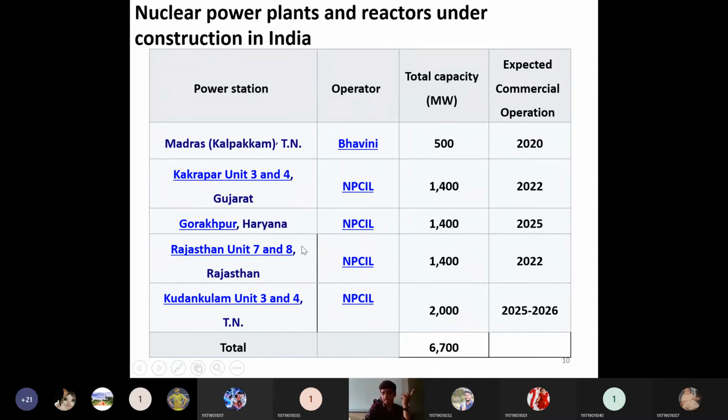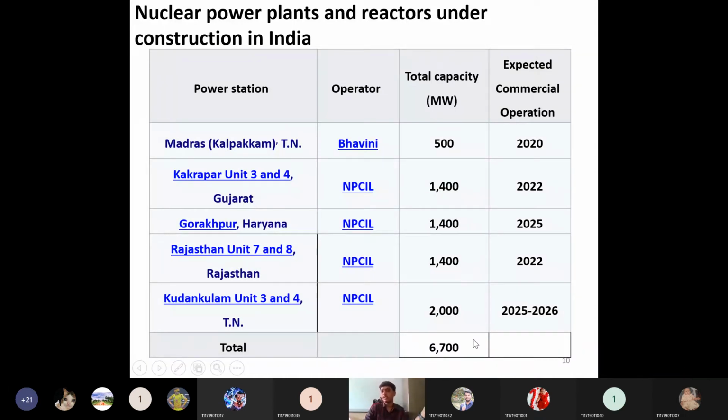Then in Rajasthan, the same plant will have different units, Unit 7 and Unit 8, operated by NPCIL with an installed capacity of 1,400 megawatts. It will be ready by 2022. Then Kudankulam Unit 3 and Unit 4 in Tamil Nadu, also under construction and operated by NPCIL with an installed capacity of 2,000 megawatts, will be ready by the 2025 to 2026 financial years.